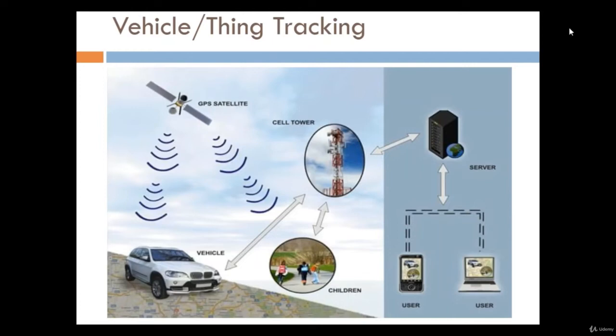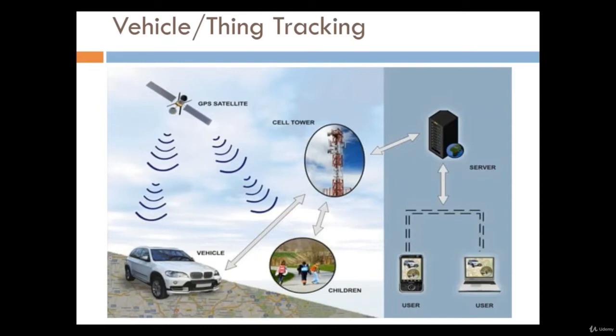The next application is vehicle tracking or thing tracking. In this application, GPS modules are connected onto the vehicle, and we directly get the information of the coordinates of that particular vehicle. We can also have these products on small children, or on things that are very valuable, where you might have a problem sighting them in a particular area, or if the area is too crowded, you might have trouble identifying them.